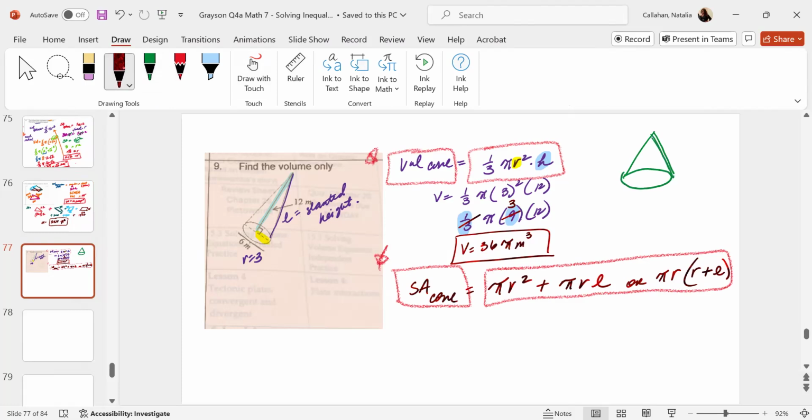Draw your cone, label. And I want you to use different colors. You need to have one card for each. Do you understand?